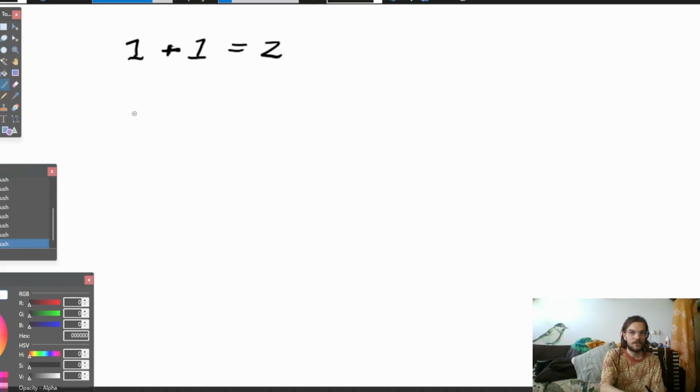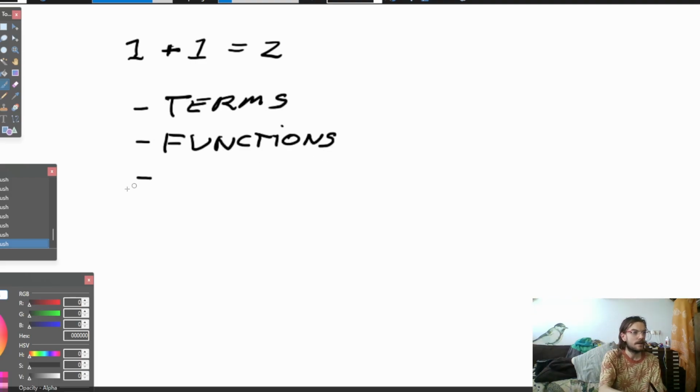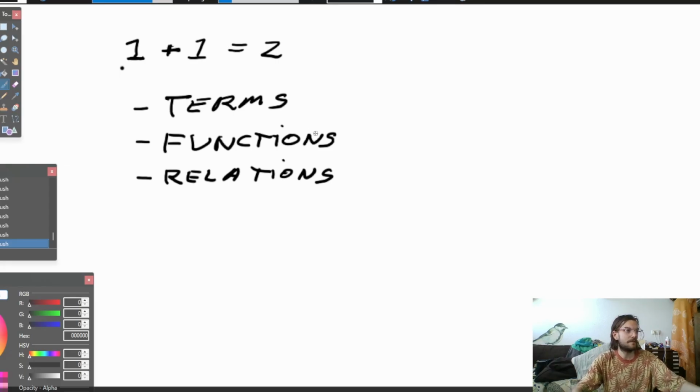And so I'm going to introduce three types of symbols. The first one is terms, the second one is functions, and the third one is relations. And I will just say right now that 1, 1 and 2 are terms, plus is a function, and equals is a relation, but I'm getting ahead of myself.